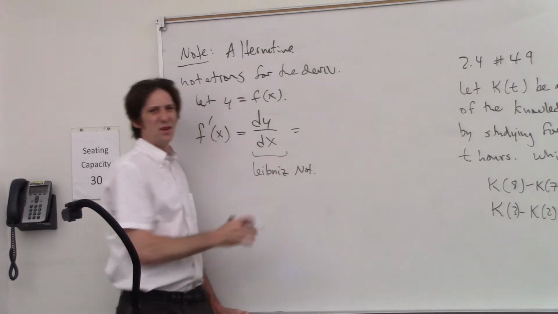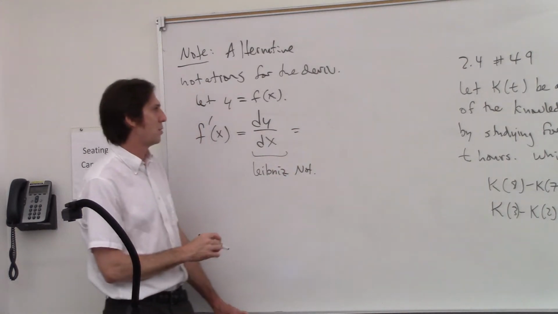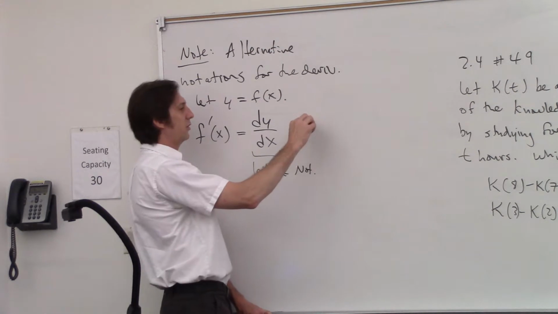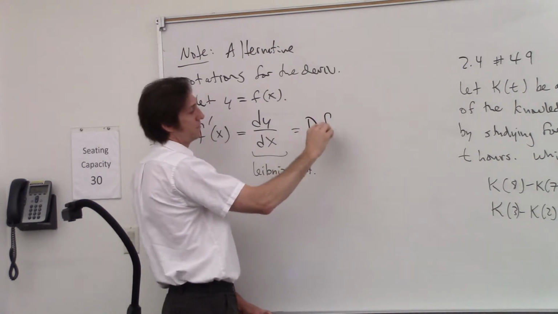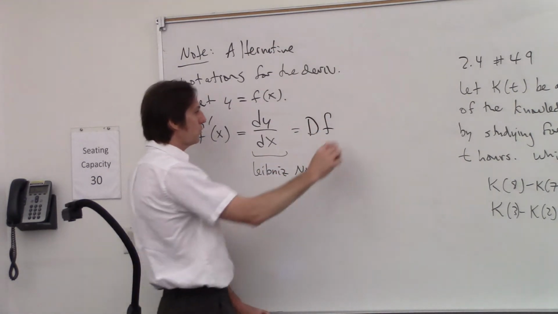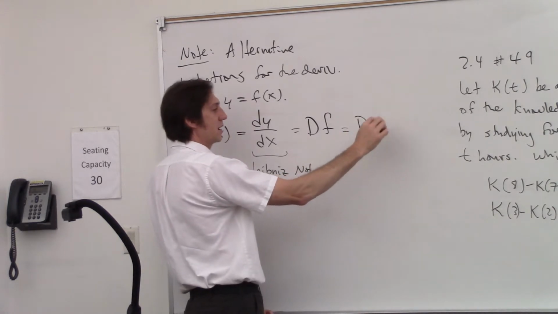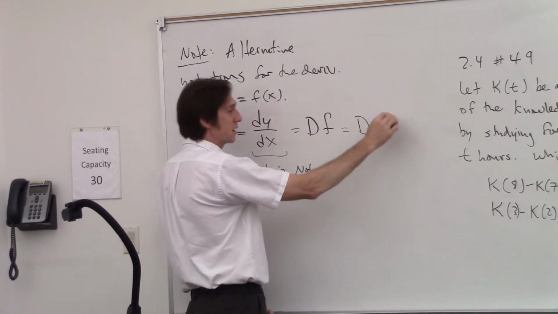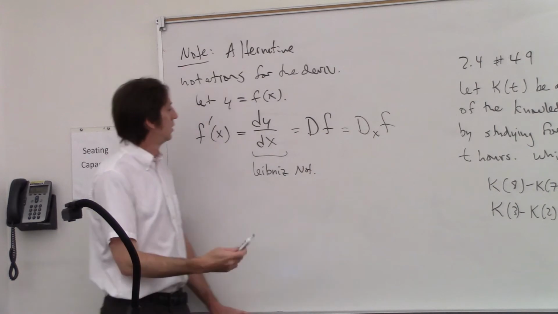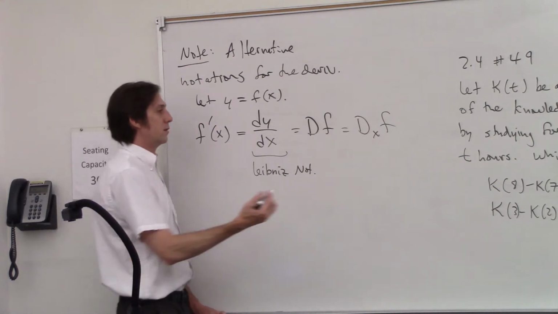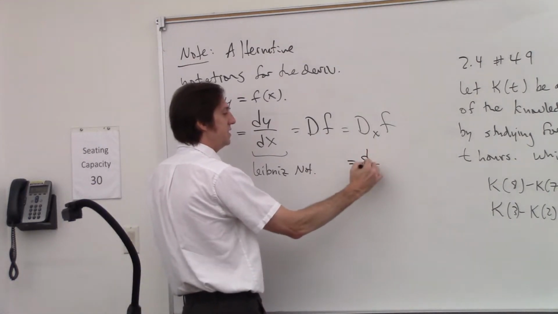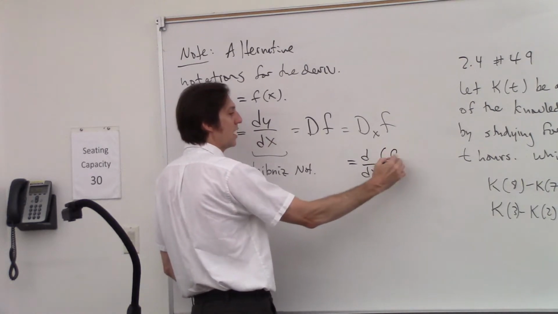Some other notation that you might see, although it's less common, and I probably won't use it that much in this class, is capital D f. Or you might see capital D sub x of f. You might also see d dx of f of x.